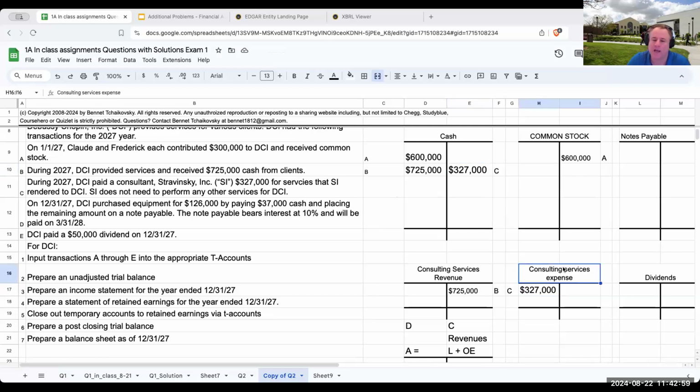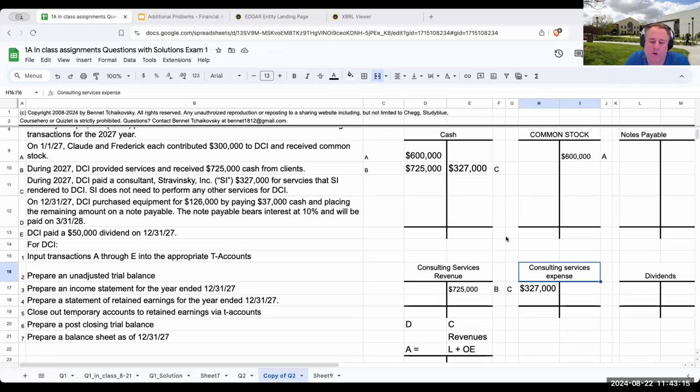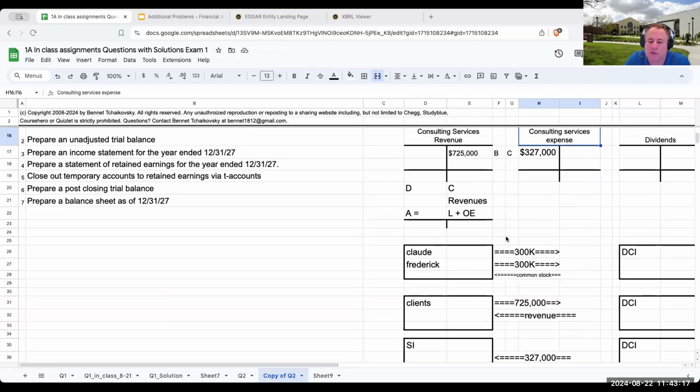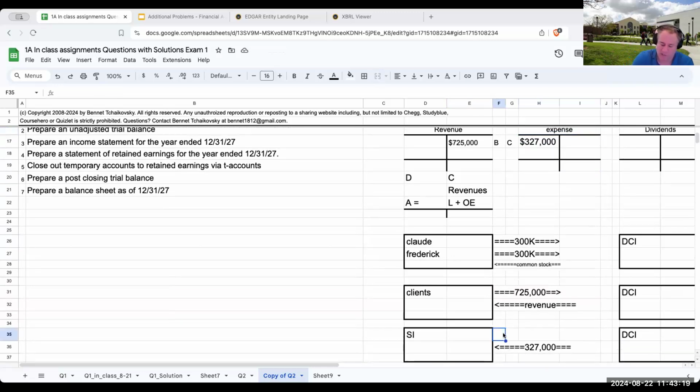cash. Okay, now revenue is an amount we've earned over a period of time. When somebody provides me consulting services, that's great, but it's a cost of essentially generating those revenues. So it's a temporary account, and it is going to be an expense. They're giving us consulting services.